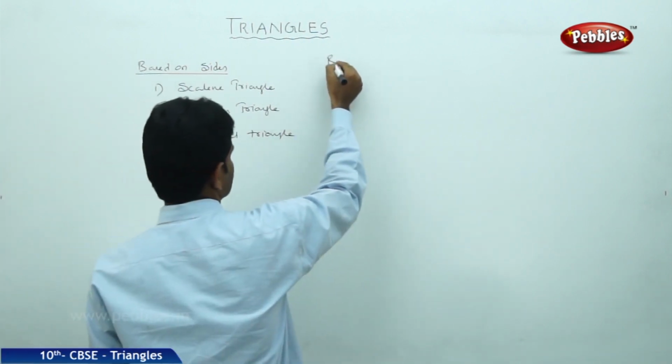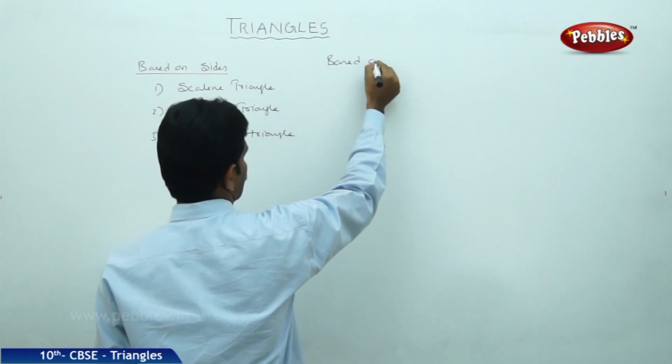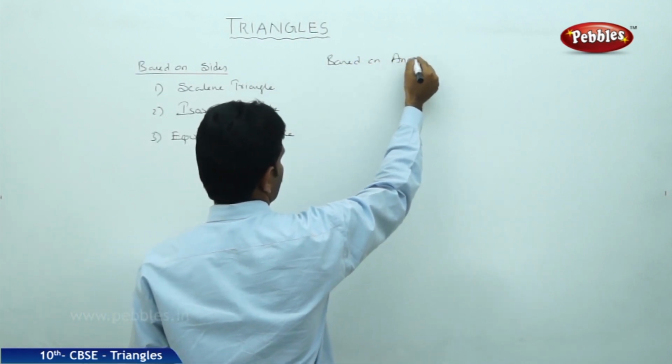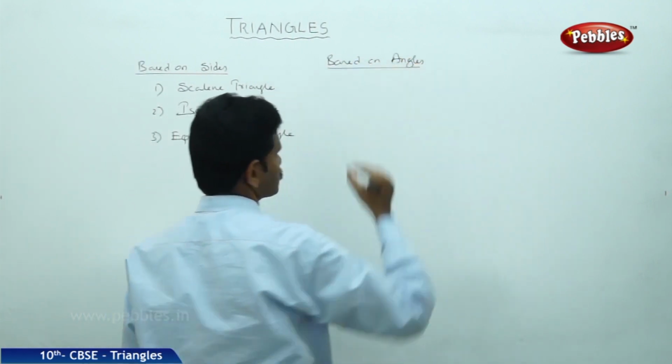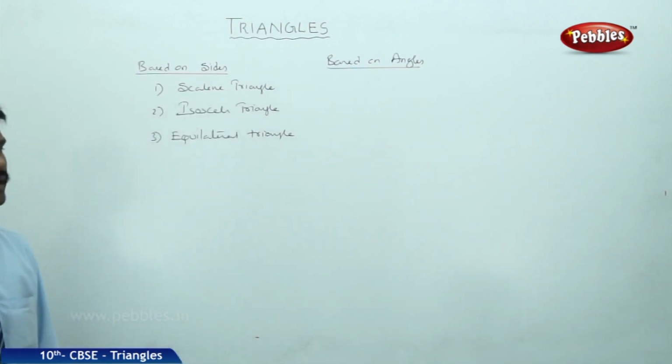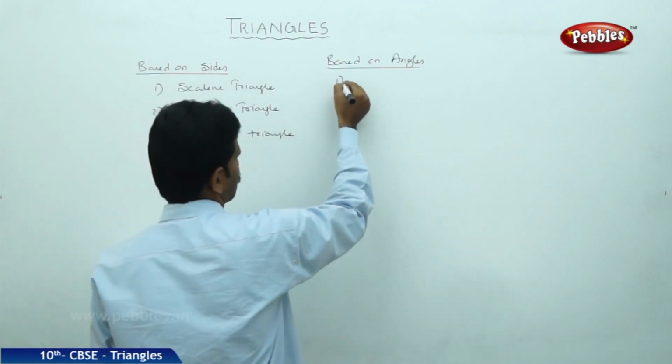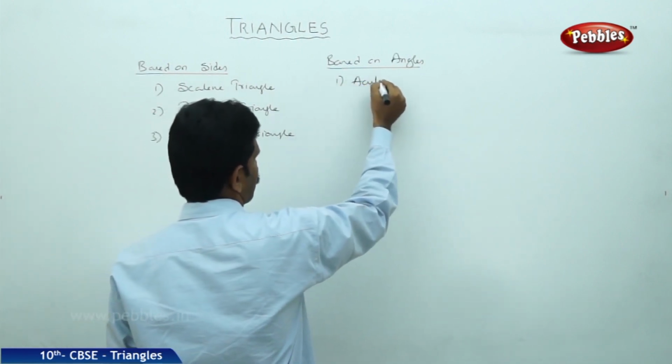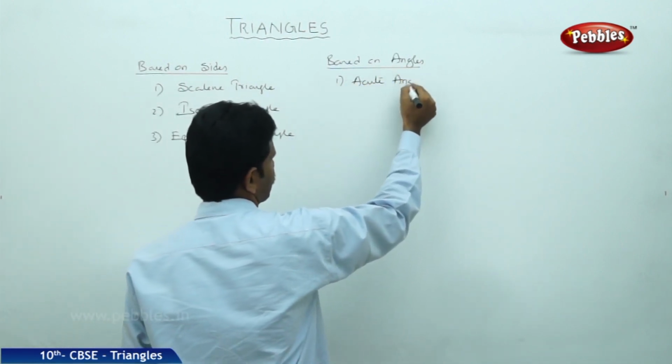Based on angles, triangles are classified into again three types. First one, acute angled triangle.